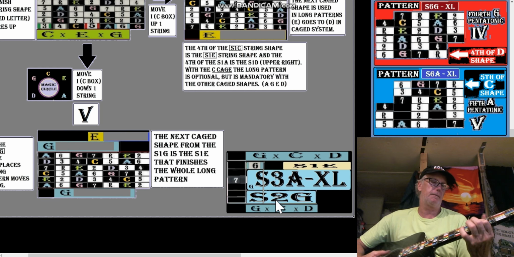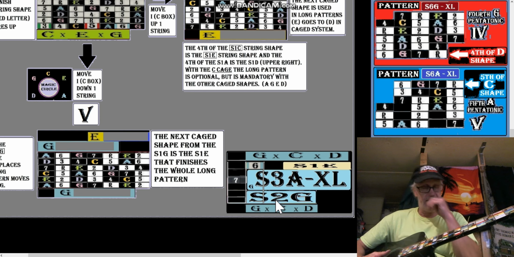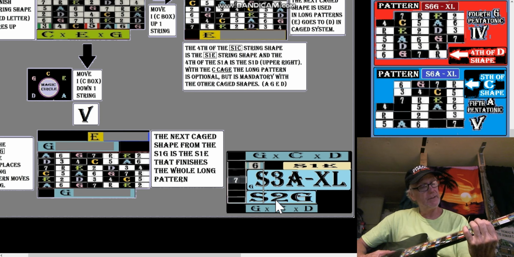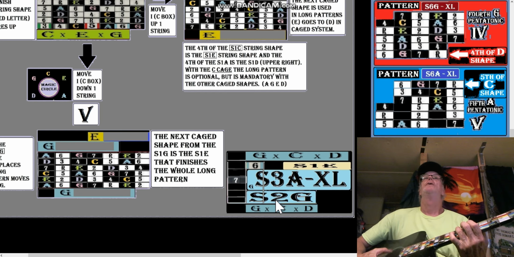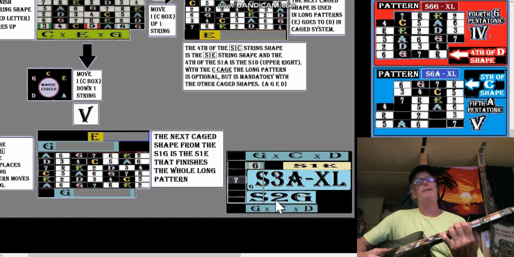Pentatonic would be, move that down, and you're going to be starting with the second string of that. And you're in a G shape. Alright, so that's pretty much it. I knew which shape I was in because we're in the short patterns.